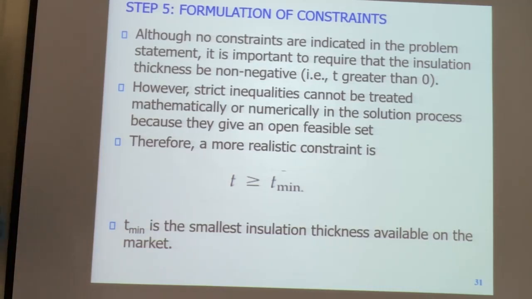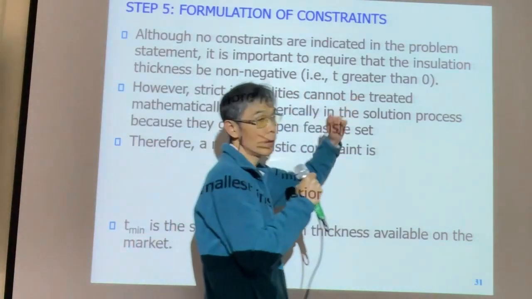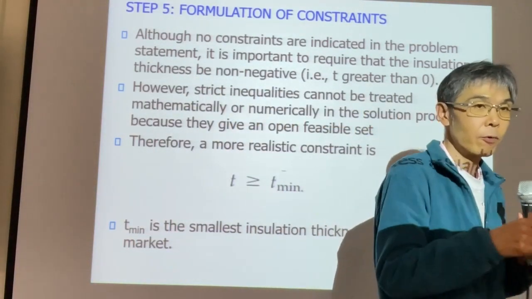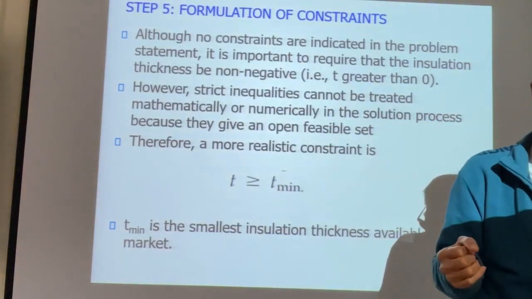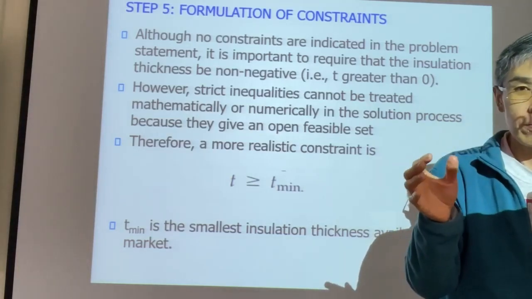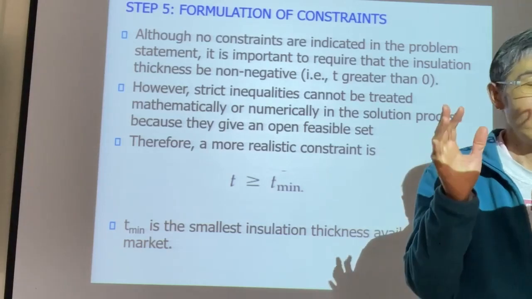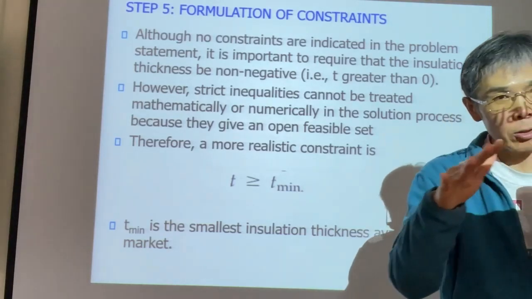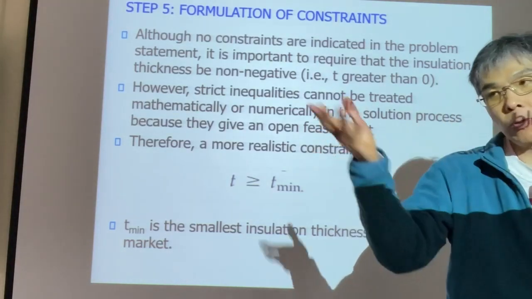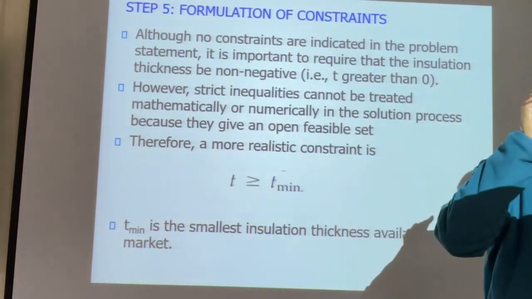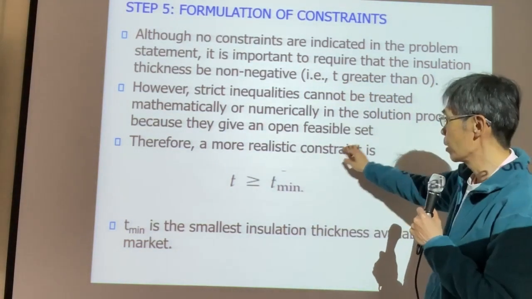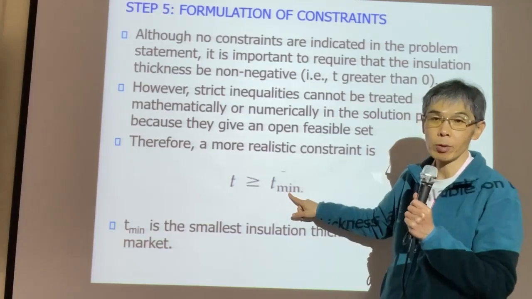Okay. So we set T greater than 0, but for numerical simulation, T greater than 0 will cause a convergence problem when you do numerical integration or differentiation. So we try to set a T minimum, a very small number, but not 0.